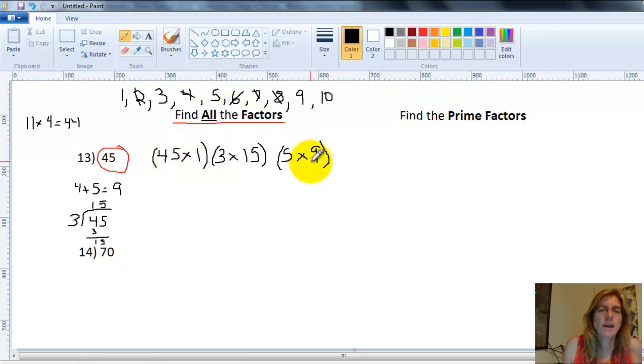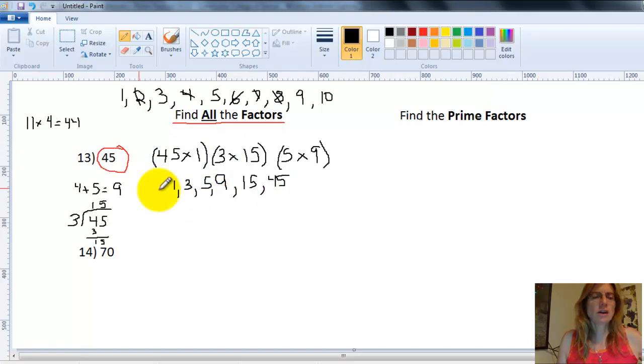As we list the factors, you would list them 1, 3, 5, 9, 15, 45. Some math programs make you list them in number order. They won't accept them listed out in any other order. So those are all the factors of 45. 1, 3, 5, 9, 15, and 45.